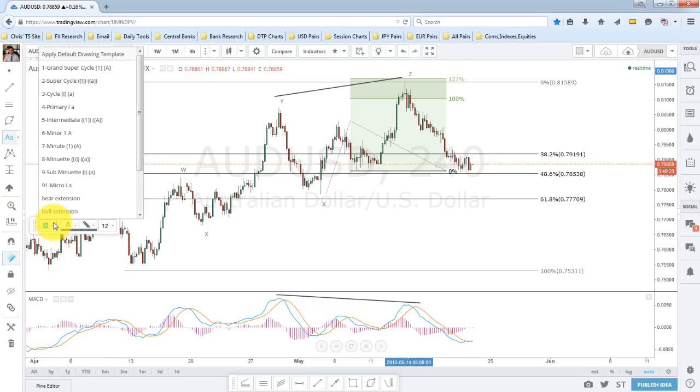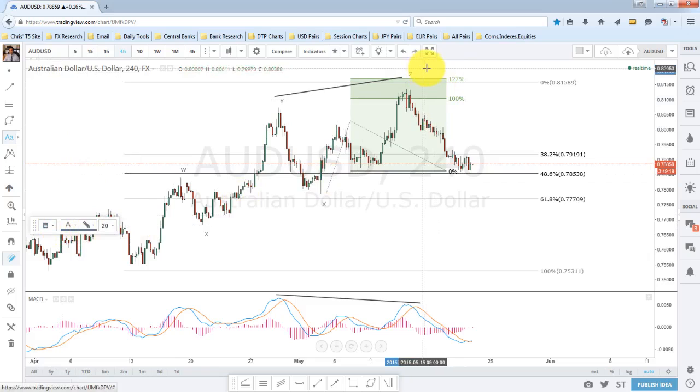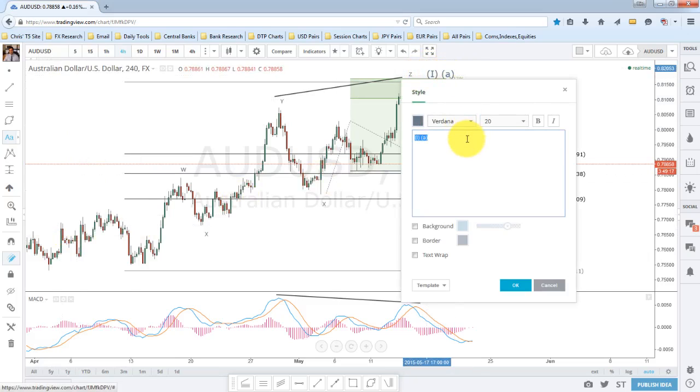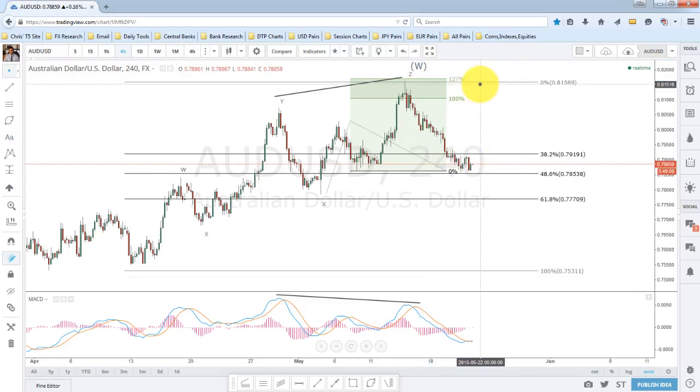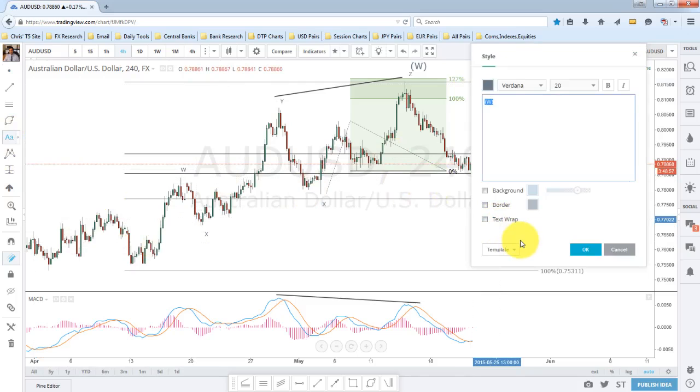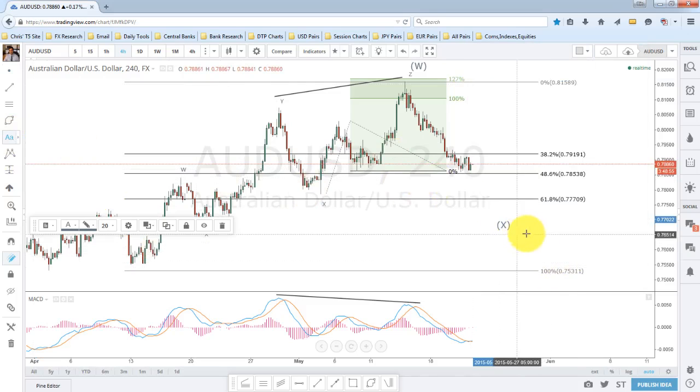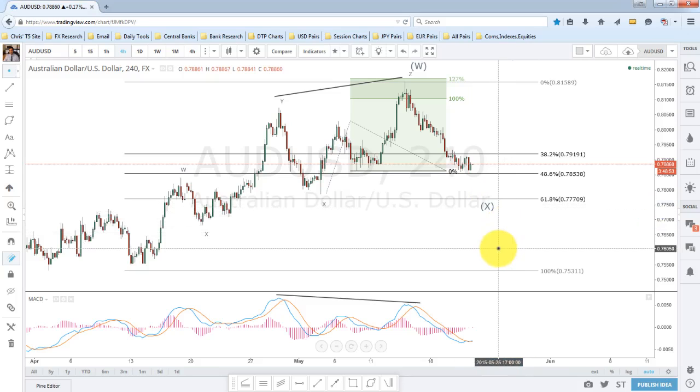For example, we'll put up a cycle wave right here, and I'll say maybe a larger degree W. In that scenario, that would make this a larger degree X. And we would know what we were looking for out of the next cycle.